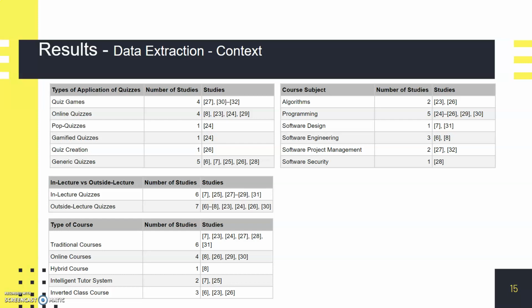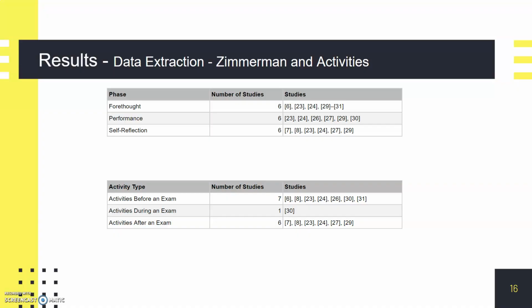We will talk about them in more detail further on when we approach our data analysis. Our results from the data extraction identified the different phases that the studies mentioned implicitly or explicitly, and the activity types implicitly or explicitly.